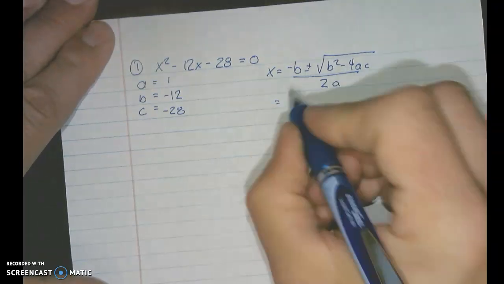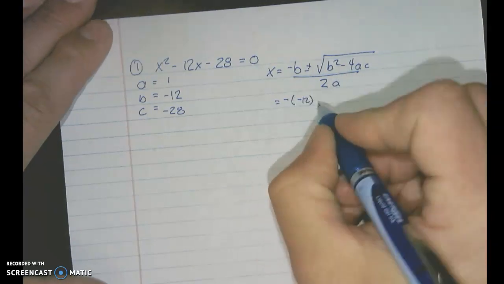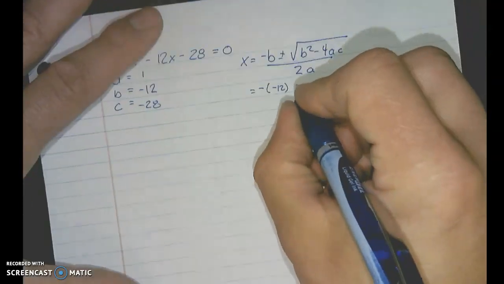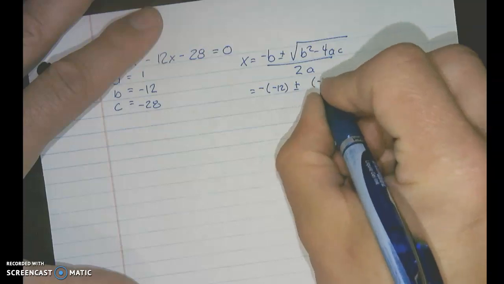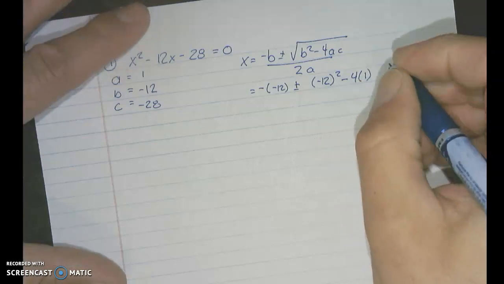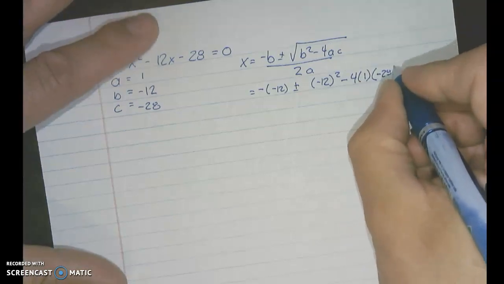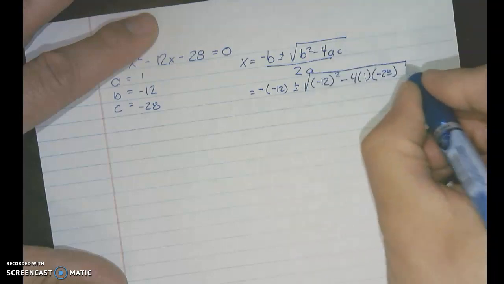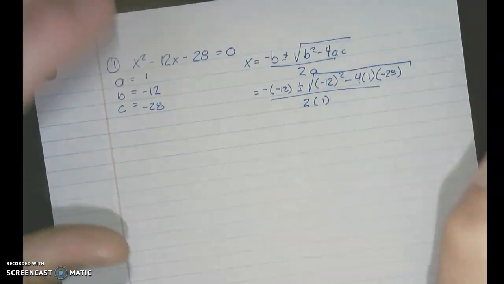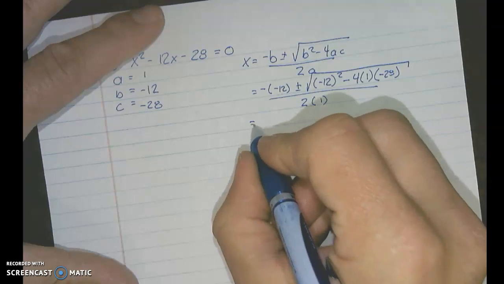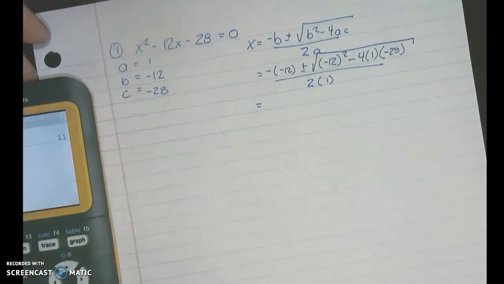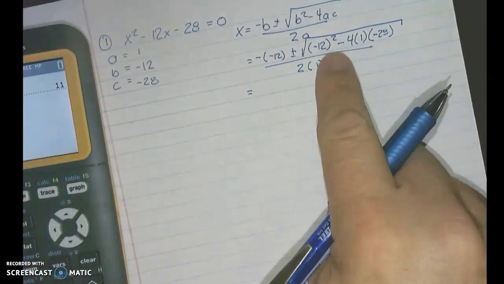If I substitute that in, I have a negative, and then I'm just going to put negative 12 like that, so I don't forget it. I can keep track of things. And then I'm going to go plus or minus the square root of negative 12 squared minus 4 times a, which is 1, times c, which is negative 28, in a radical, all over 2 times 1. I'm going to do the stuff inside the radical first.